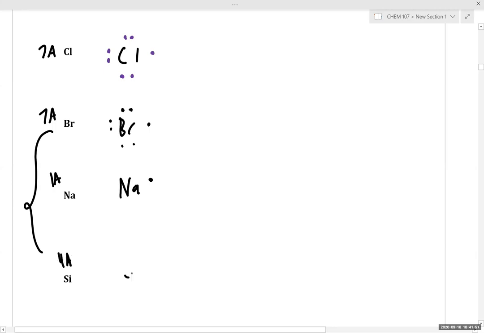Silicon is a 4A element, so silicon would have 4 dots. And no, it doesn't matter where you put the dots. It's mainly just a way of keeping track of the number of valence electrons. Does this example make sense? Is everyone comfortable with representing atoms in Lewis dot structures?